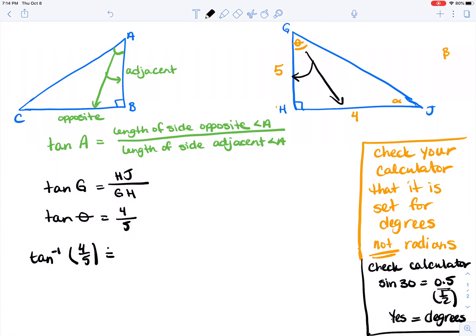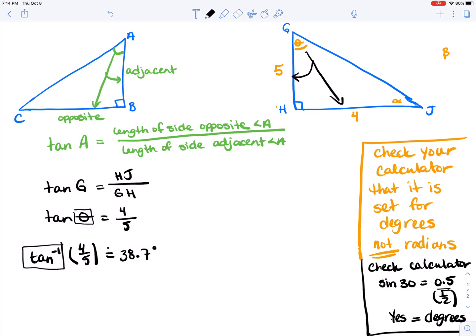And you'll find it should come out to 38.7 degrees, and I am rounding here. Now, why am I putting the inverse of tan? That's because I need to find the degrees.